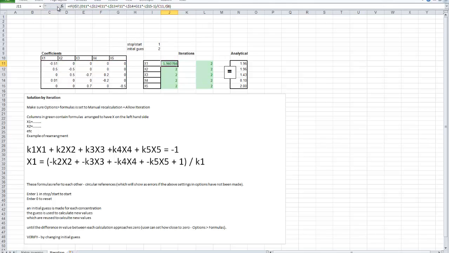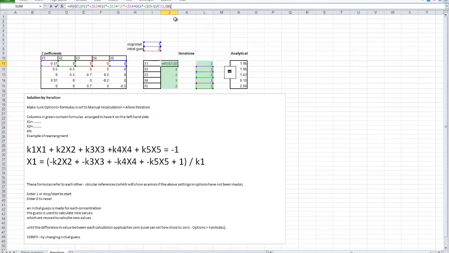Now it hasn't happened yet, because we need to press F9, because we've turned on manual recalculation, so it doesn't happen automatically. But when we press F9, then that calculation we put in is going to refer to these cells. So it's going to use these initial guesses in working out the concentration in the other cells. Now that's not going to be right unless your initial guess happens to be exactly the right answer.